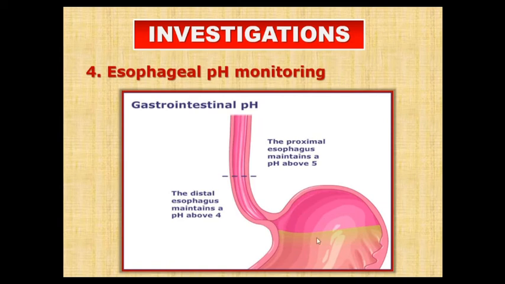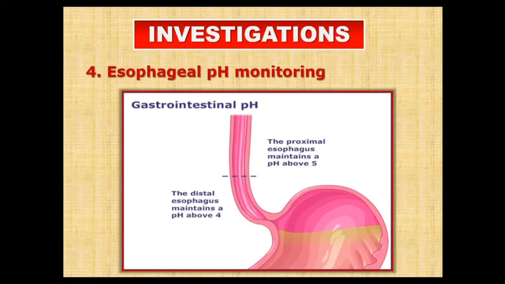So when assessing the acidity, if it is less than 4, it indicates the presence of acid reflux, and it is enough for the diagnosis of gastroesophageal reflux.